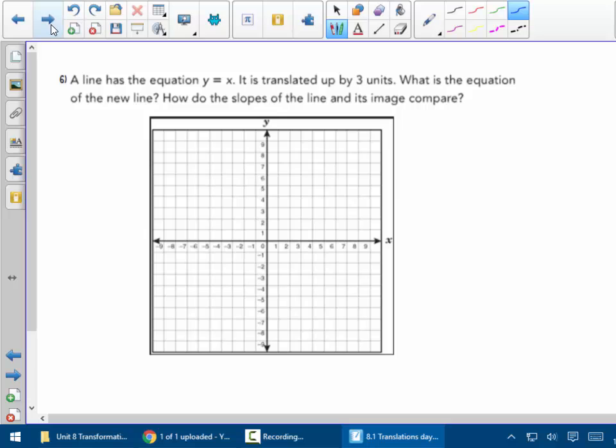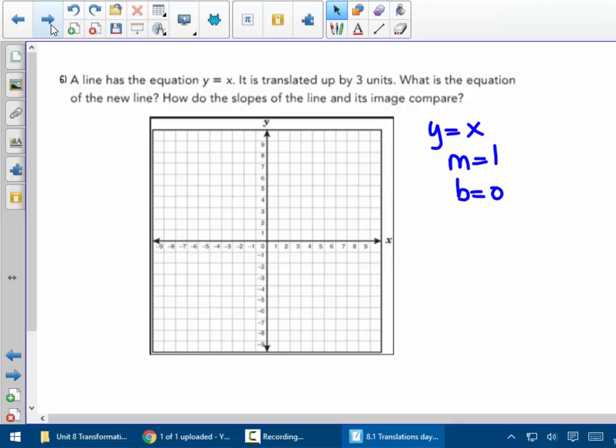Number 6. A line has the equation y equals x, and it is translated up by 3 units. What is the equation of the new line? How do the slopes of the line and its image compare? Line has the equation y equals x. Okay, well, we just did this. Y equals x. So m is 1, up 1 over 1, and b is 0.